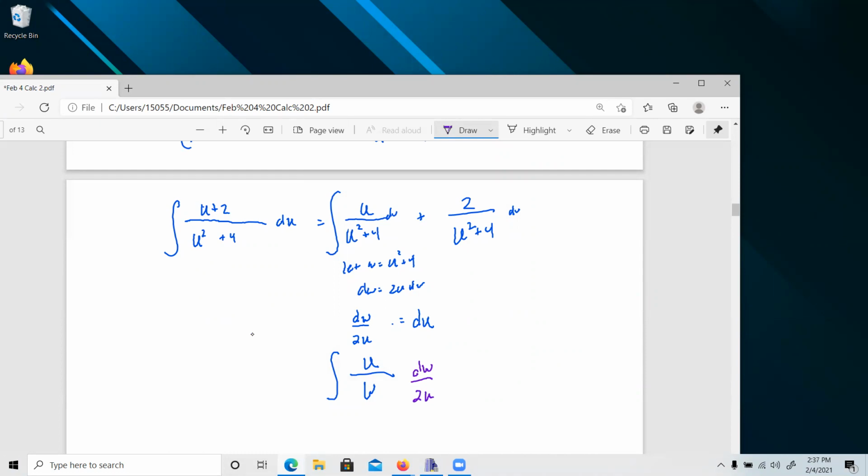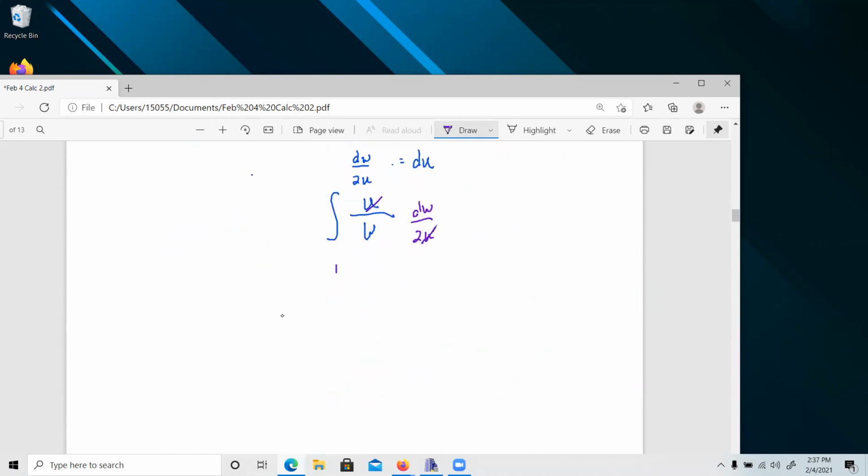You see what happened there? We just substituted it. Now some stuff cancels, doesn't it? That cancels. So now we've got 1/2 integral dW over W.